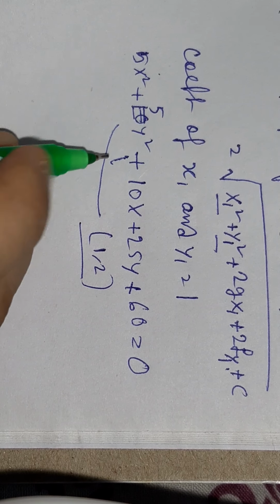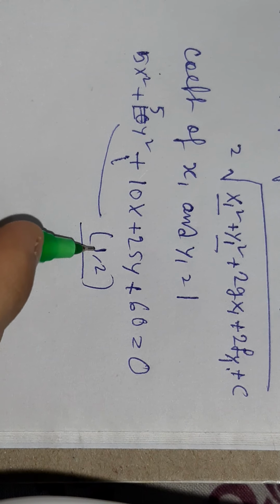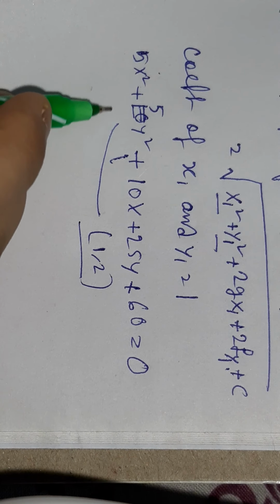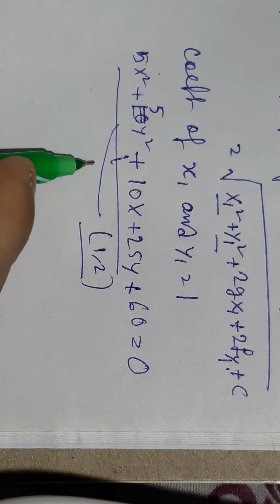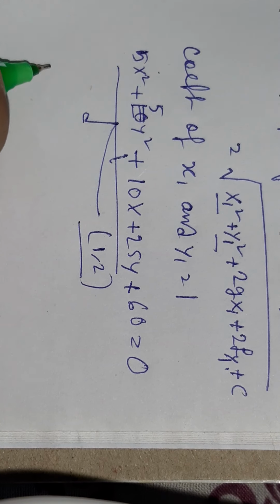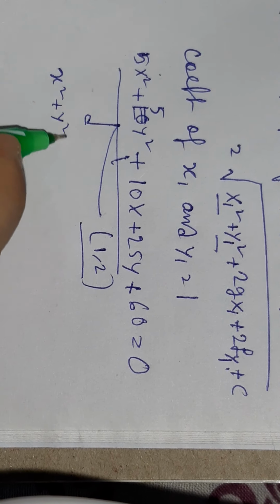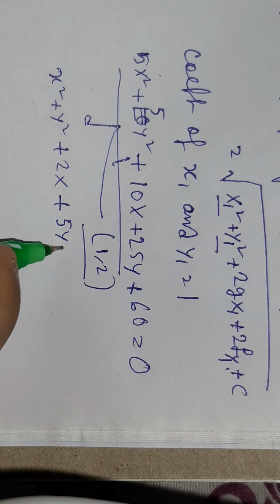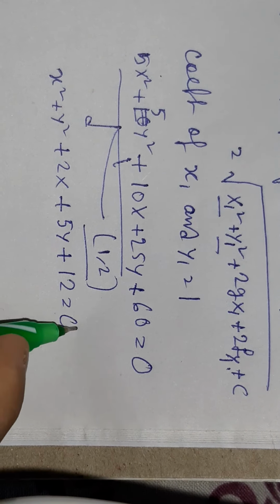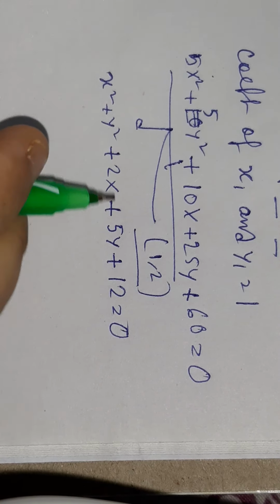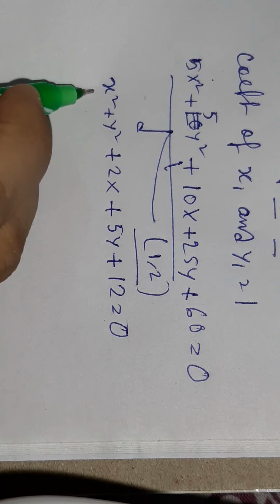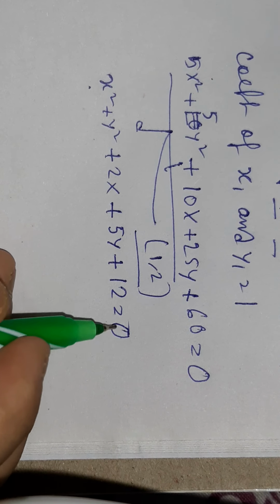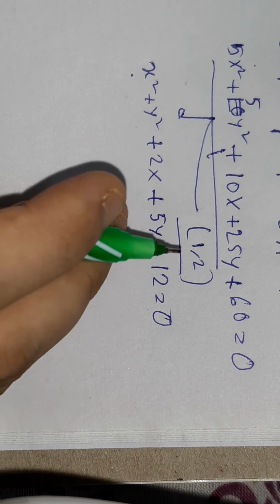We first divide this equation by 5 and get x square plus y square plus 2x plus 5y plus 12 equals 0. When the coefficients of x square and y square become 1, then we can put 1 and 2 in this equation.